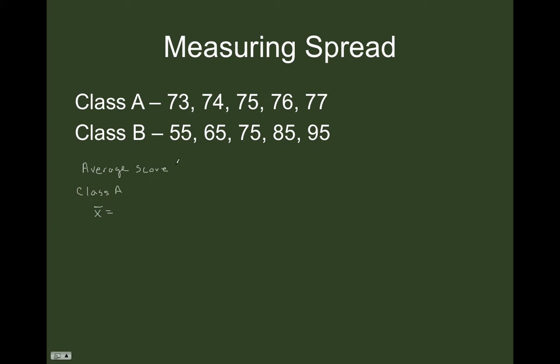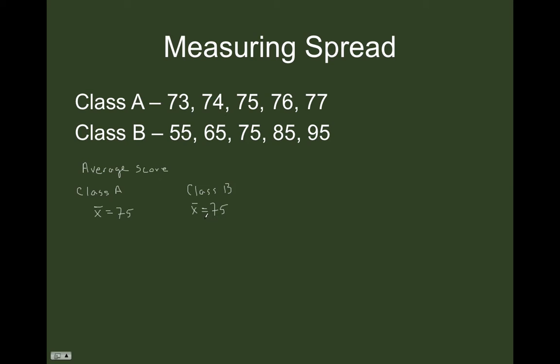If I added all those values up and divided by 5, I would get 75. We could also look at the average score for Class B. And notice if I added up all those scores and divided by 5, the average, mean score would also be 75.